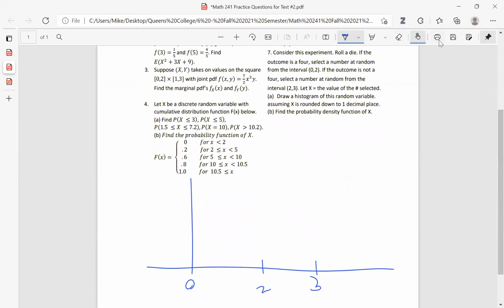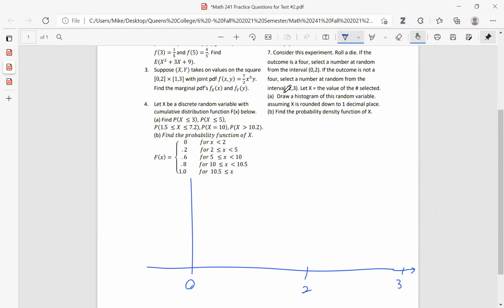I need more space here, so it's probably better if I move this over a little bit. It's from 0 to 2, and then 2 to 3.